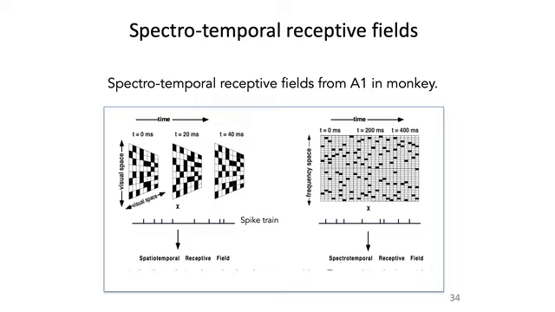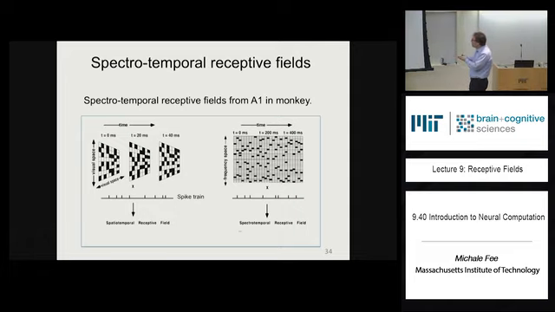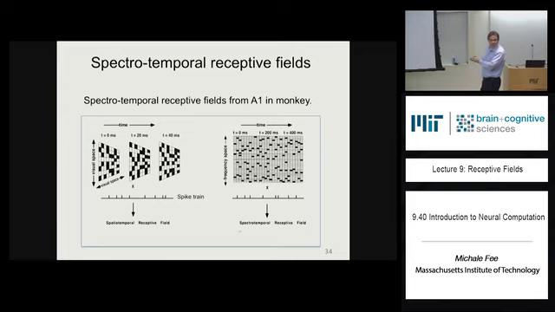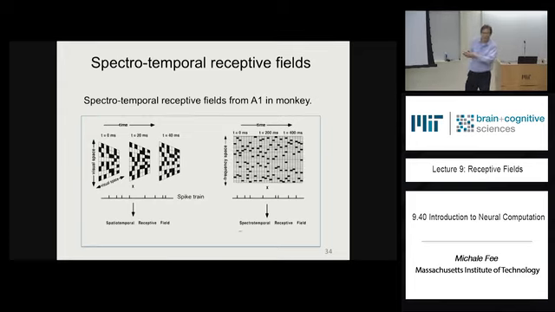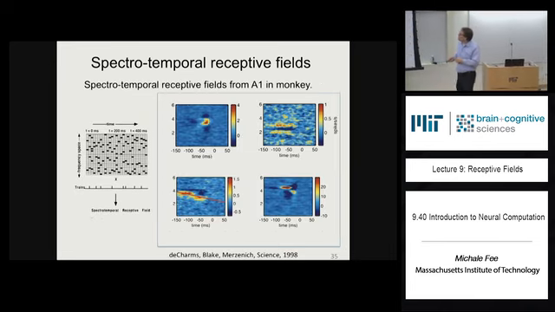There's a little spatio-temporal pattern of stimuli that in this case a monkey heard right before that neuron spike. And you can do the same thing. You can take that little snapshot of that sound and average them together, okay?